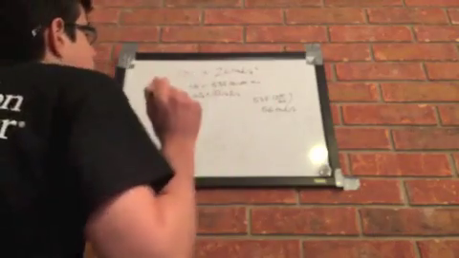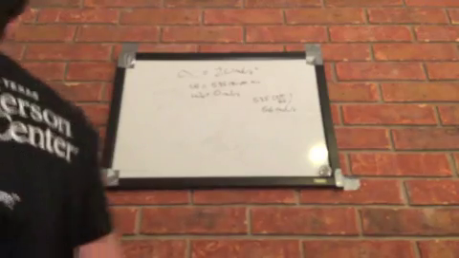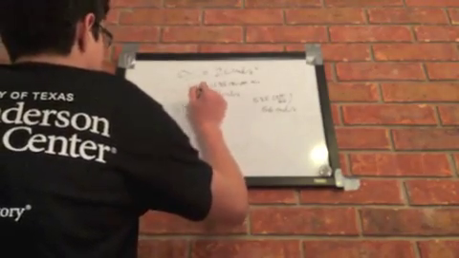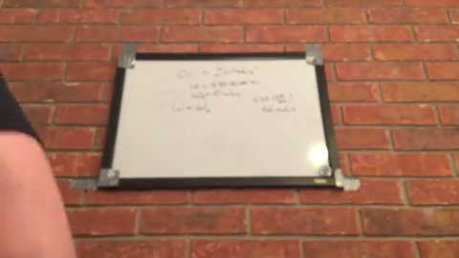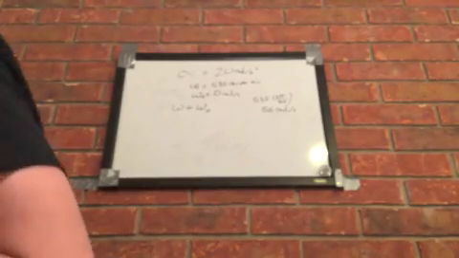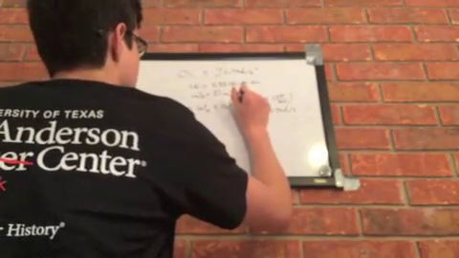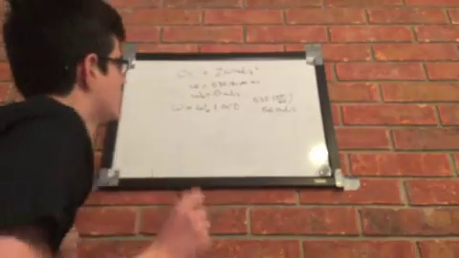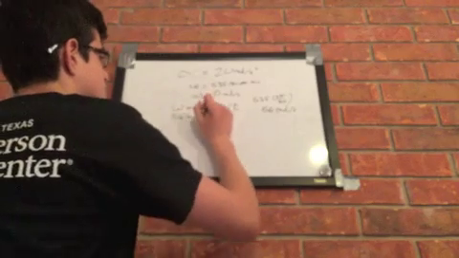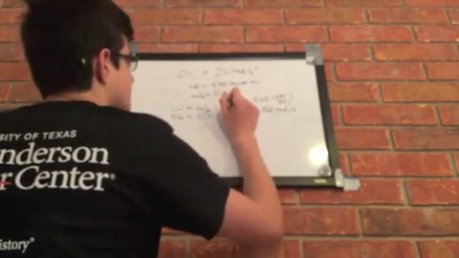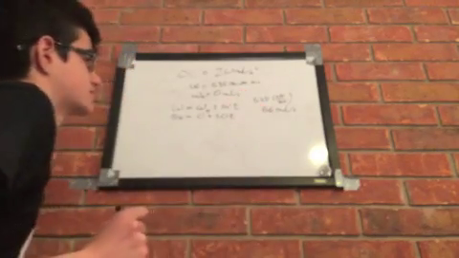We can use our first angular kinematic equation, which is the final angular velocity is equal to the initial angular velocity plus the angular acceleration times the time. So we know that 56 radians per second is equal to 0 plus the angular acceleration of 20 times time t. So now I just gotta solve for t.